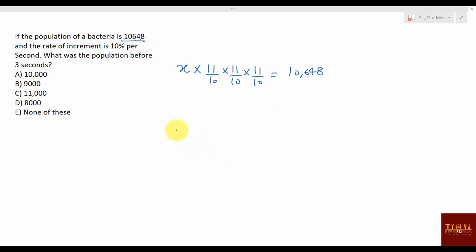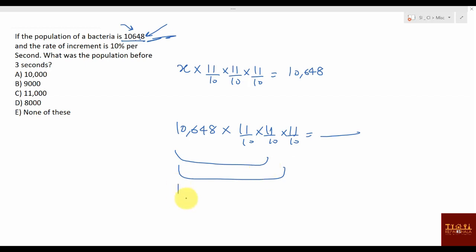Then what you can say? This is the present population of bacteria, and after 3 seconds what will be the population? That will be this value into 11 by 10, 11 by 10 and 11 by 10. But for before, it is into 10 by 11. If this is the present population and you have to tell after 3 seconds, then after first second is this one, after second second is this one, and after third second is this one.